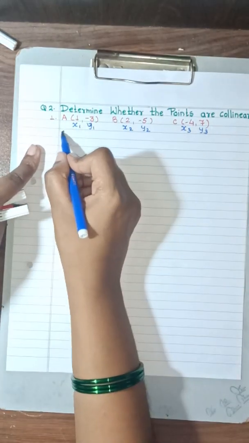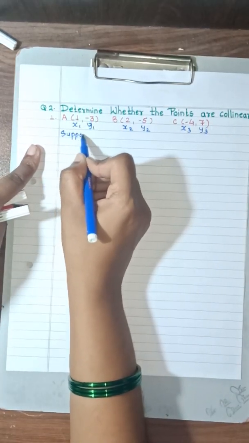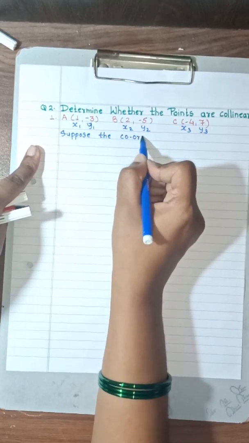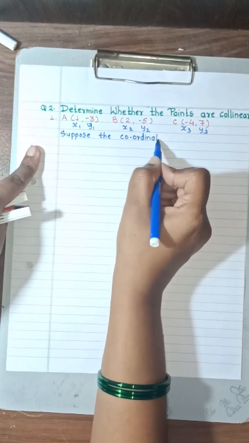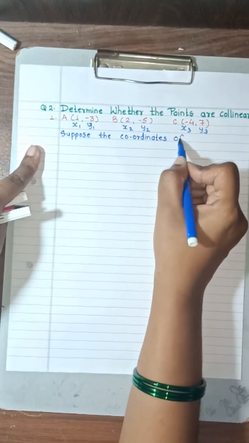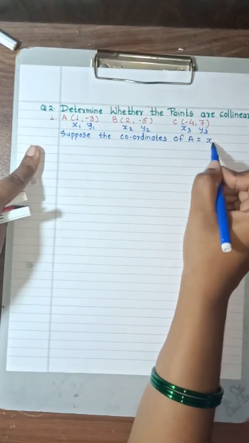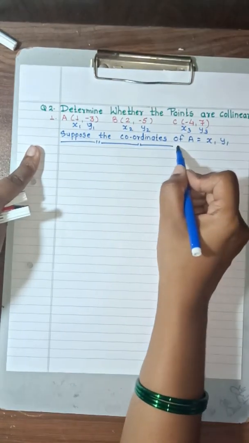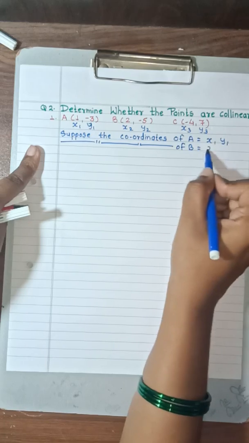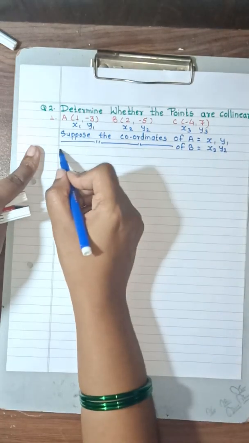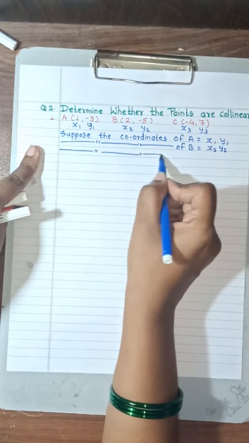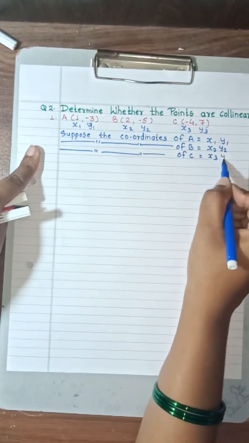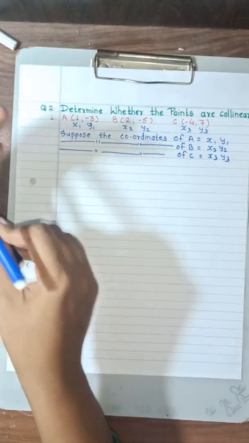Okay, now write down here, suppose the coordinates of A is equal to x1 y1. Now suppose the coordinates of B is equal to x2 y2, and suppose the coordinates of C is equal to x3 y3.